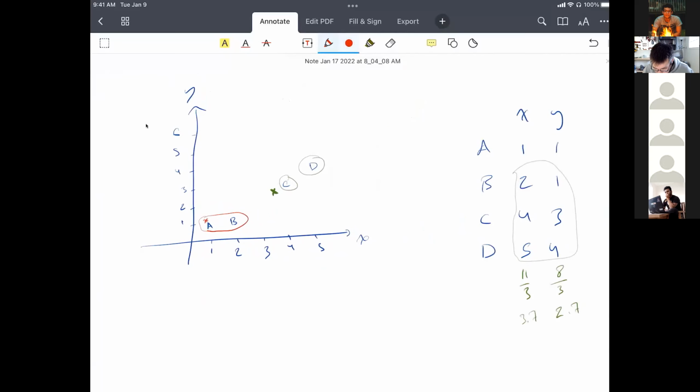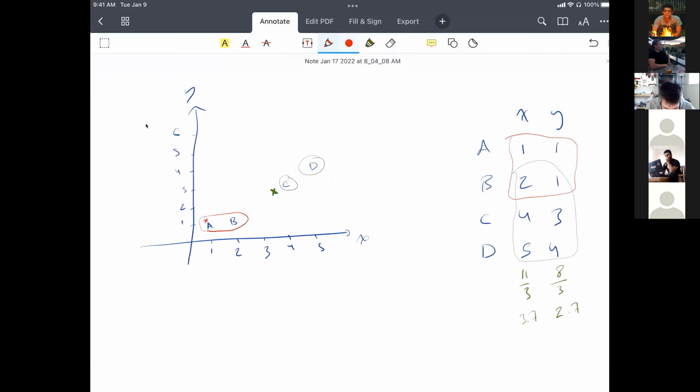So now the centers become, for the red ones, these two, A and B. We're looking at 3/2, which is 1.5, and 2/2, which is 1. So 1.5 and 1 is here, which makes total sense to be the center.